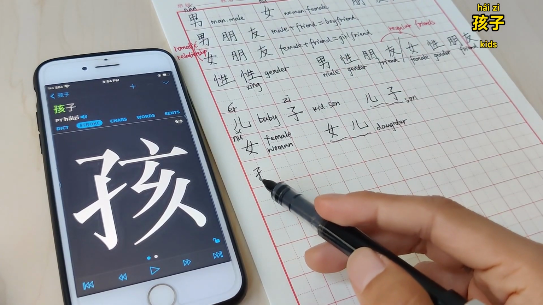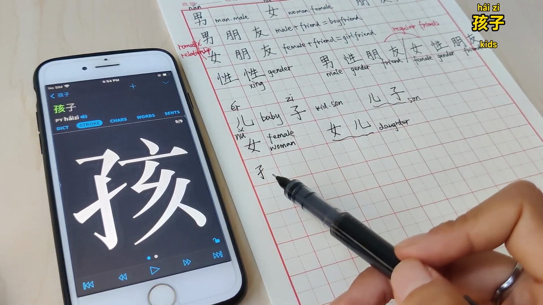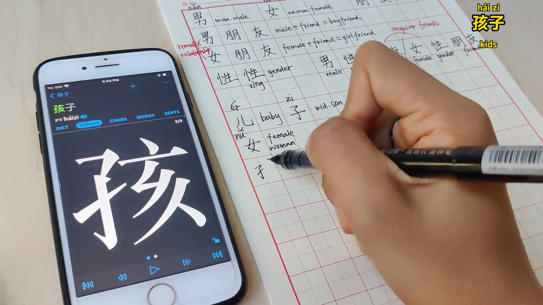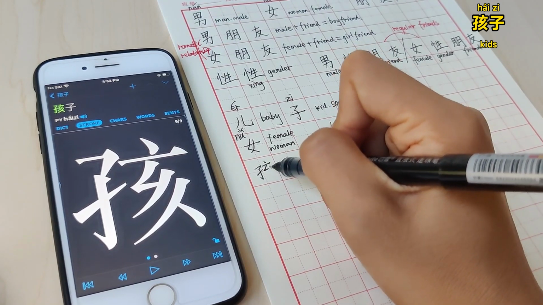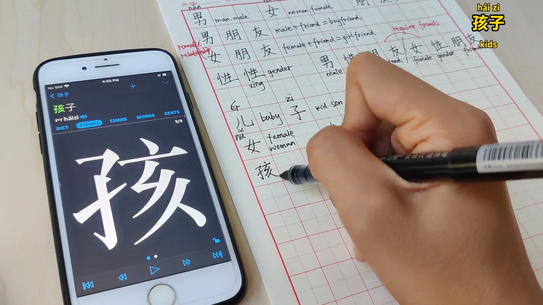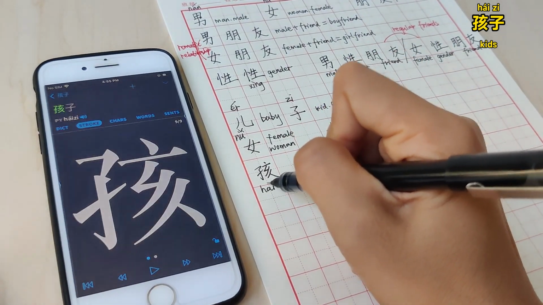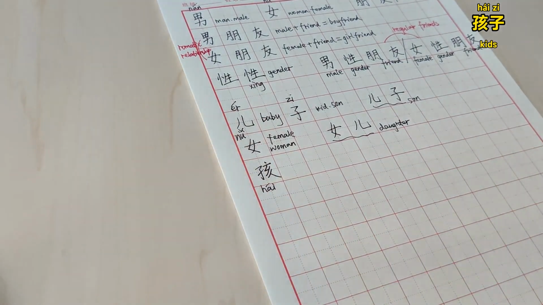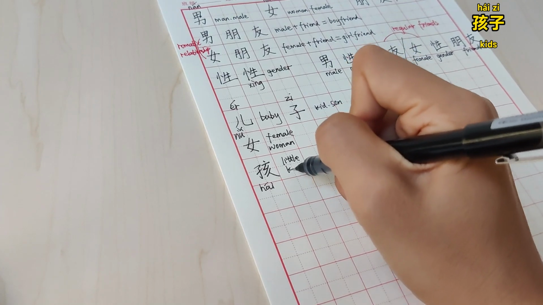Make sure it's skinny so you can fit in the right part of it. And the right part of it, we go 1, 2, 3, 4, 5, and this is 孩, and 孩 could mean little kids.